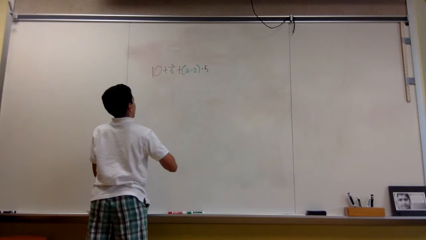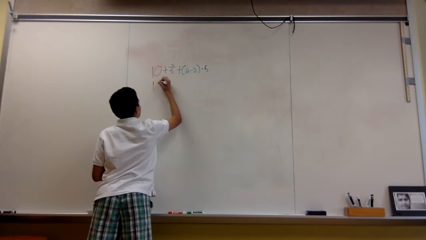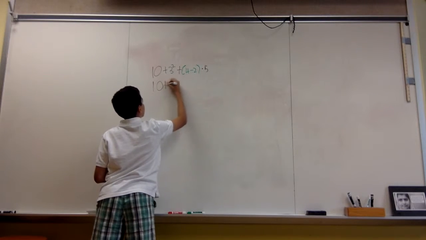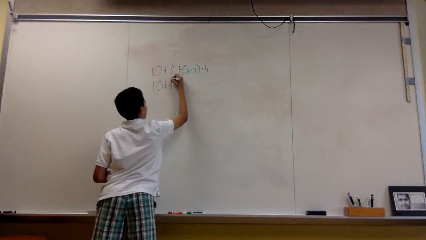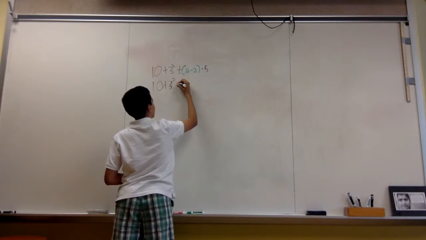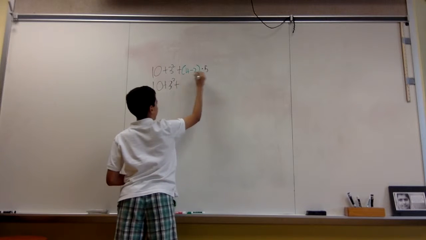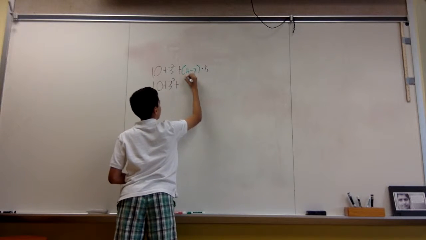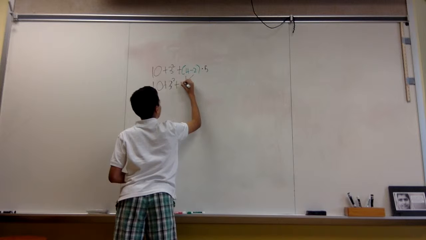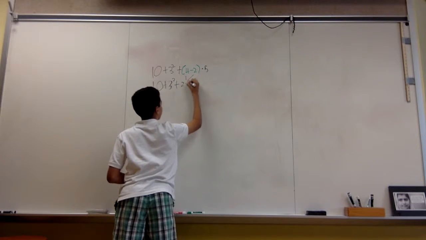So then again, we'll have 10 plus 3 squared plus 4 minus 2, which equals 2 times 5.